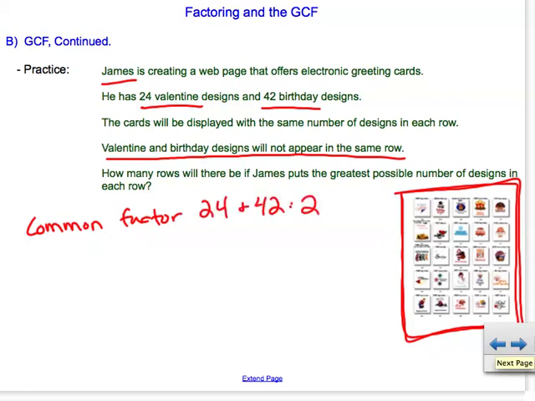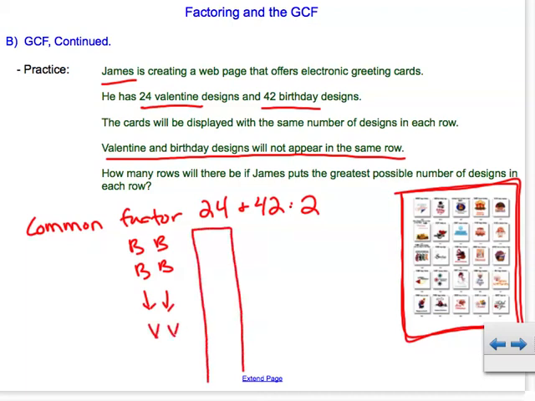He could just do birthday, birthday, birthday, birthday, and then go down, go down, go down, and then have Valentine's, Valentine's. But then he'd have a really, really skinny table. And it would go, 24 plus 42 is 66. It would be 2 wide and 33 long. Seems a little bit like it's not the most efficient use of space.